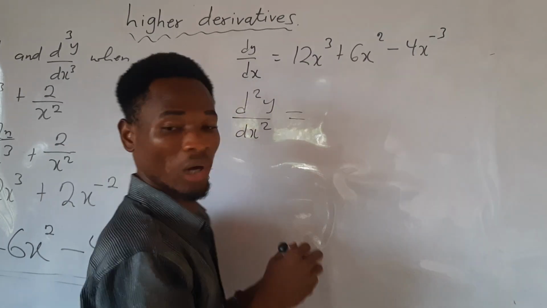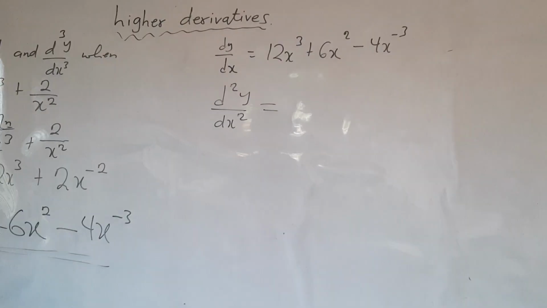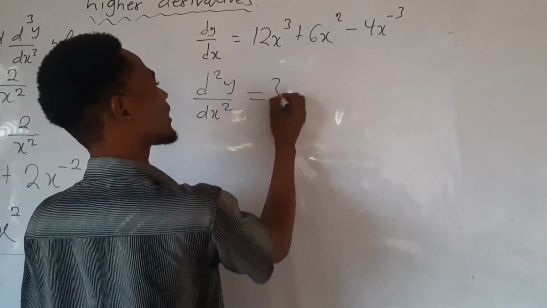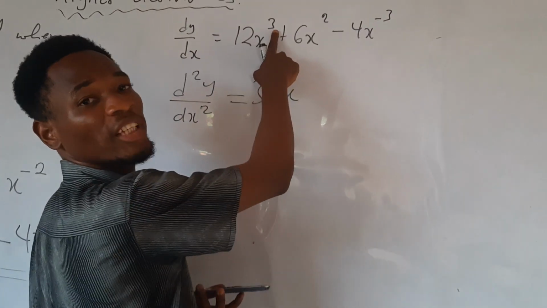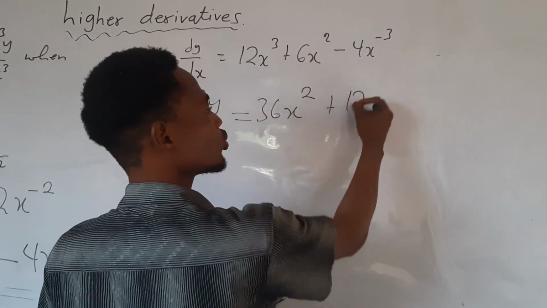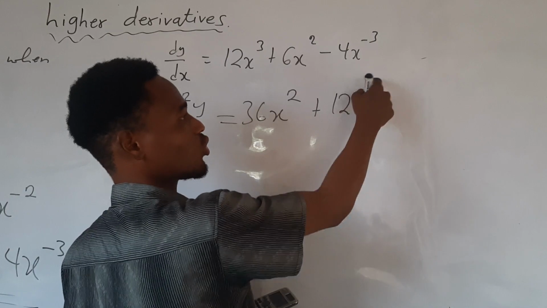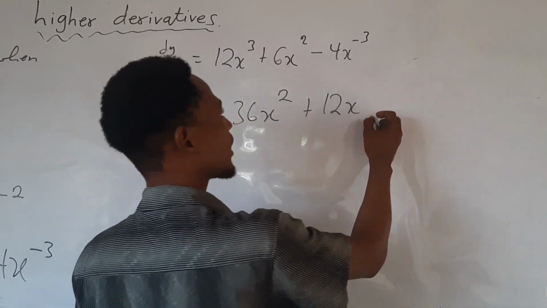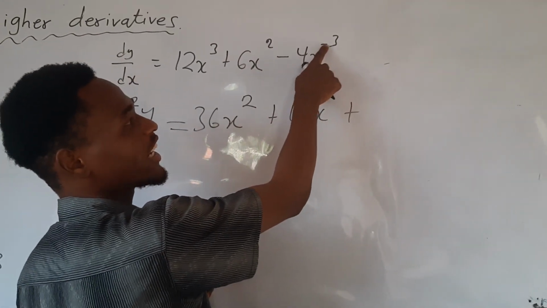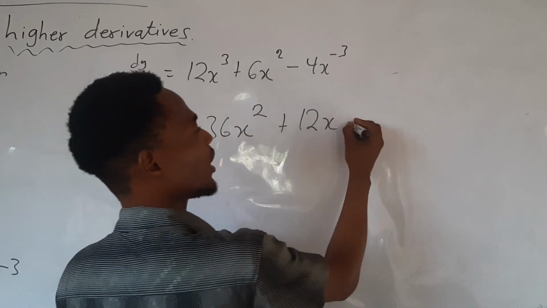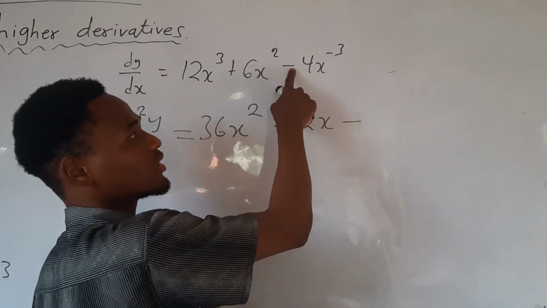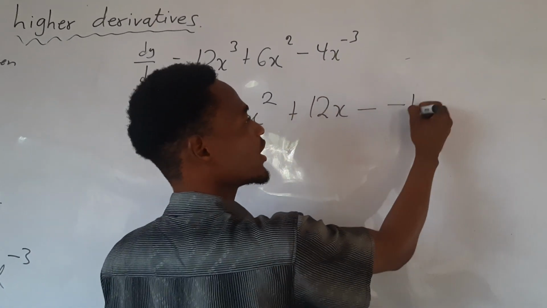The 3 will come and multiply the 12. So 12 times 3, you get 36x, and when you subtract 1 from the exponent, you get 2. Then plus 2 times the 6, you get 12x, and 2 minus 1 gives 1. Then we have the negative already, and negative 3 times the 4 gives negative 12.